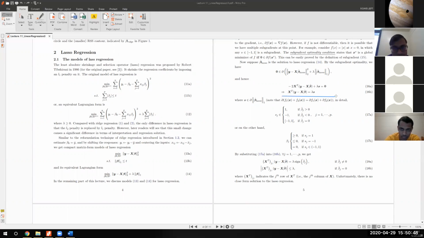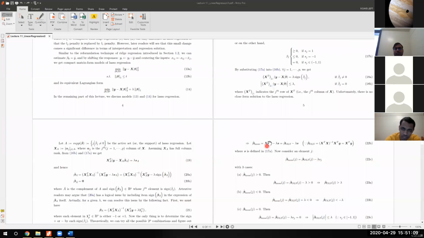You have X transpose y minus X transpose X, which is I, so that you have I times beta equal to lambda s. See it? And hence your beta equals what? Your beta equals X transpose y minus lambda s. Get the point here? Which is exactly here. Your beta Lasso equals this.